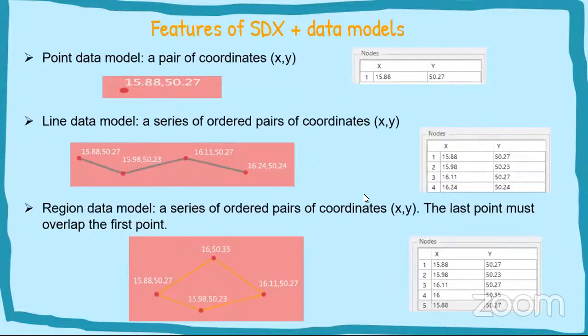The line data model is a series of ordered pairs of coordinates, while the region data model is a series of line models where the last point must overlap with the first point. Maybe this one is the last point, and this one is the first point. So when you create it, make sure you overlap the last one on top of the first point.